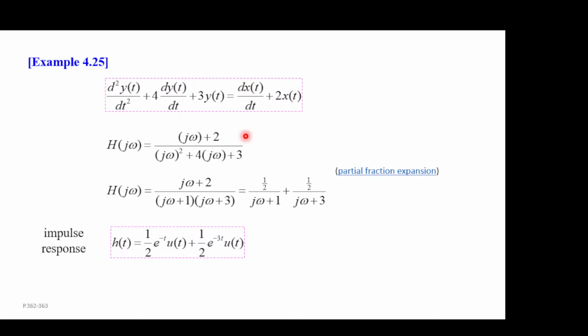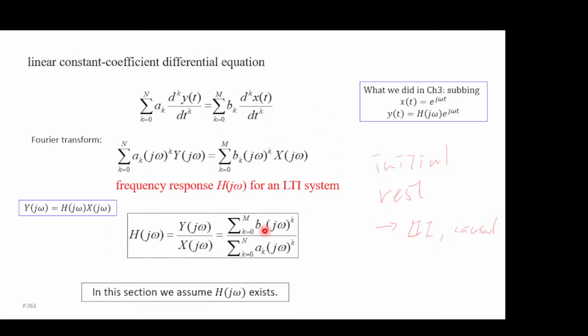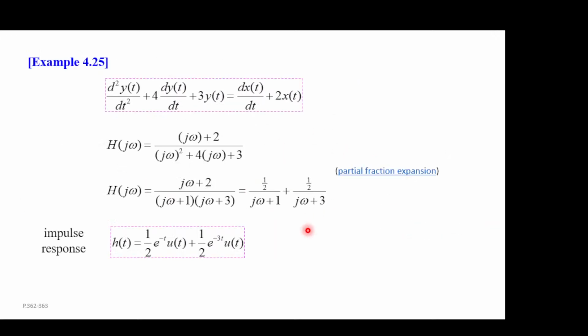So here is the differential equation with some coefficients. A second order differential equation on y: d squared y dt squared plus 4 dy dt plus 3y equals dx dt plus 2x of t. And assuming initial rest, so it's LTI, what is the system function? We can just read it from the equation. It's the sum of b_k (j omega) to the k over the sum of a_k (j omega) to the k, right?